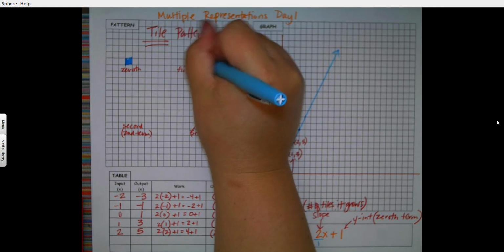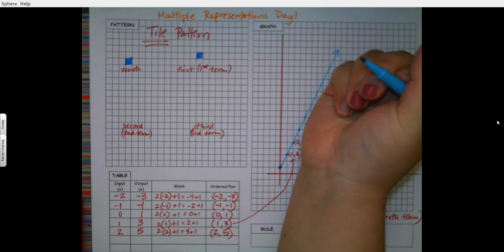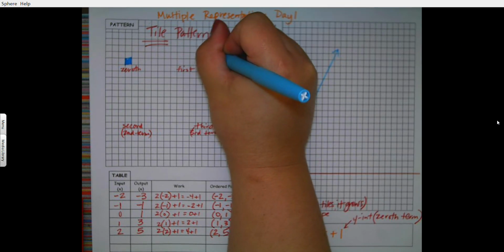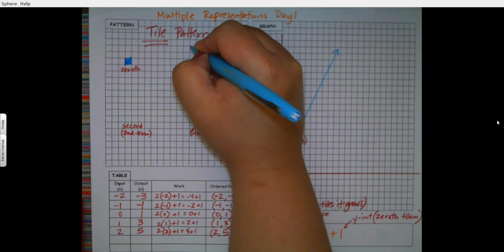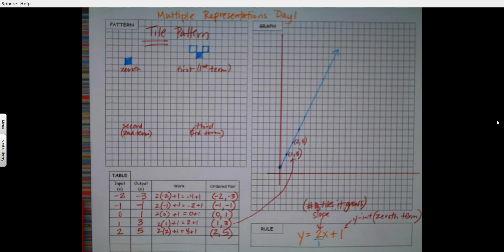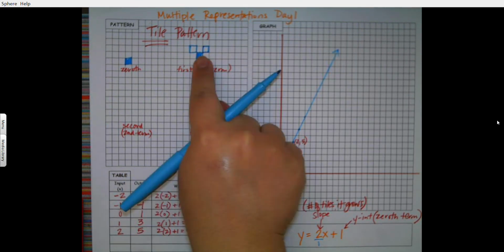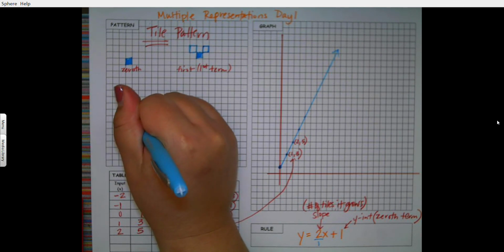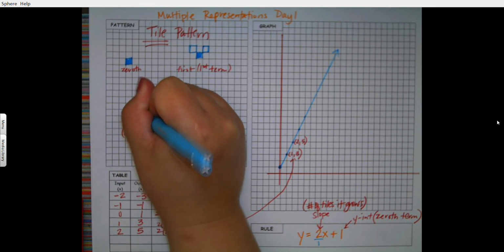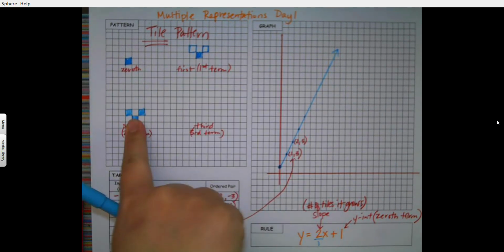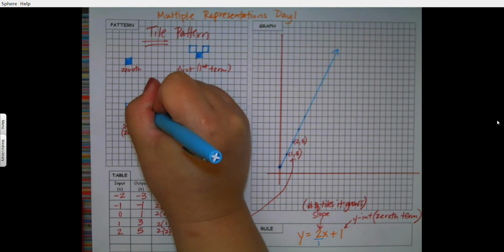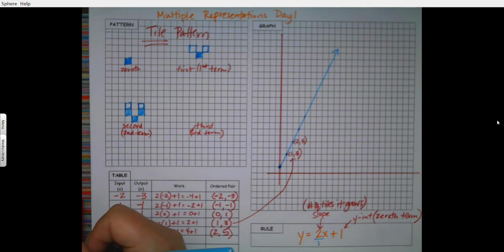So here's my first tile that I started with. Now I'm going to grow by 2 tiles. And I'm going to grow 1 to the top left and 1 to the top right. Now my second term looks like my first term. So here's this. Now I need to grow by 2 tiles. I'm going to grow again, 1 to the top left and 1 to the top right.